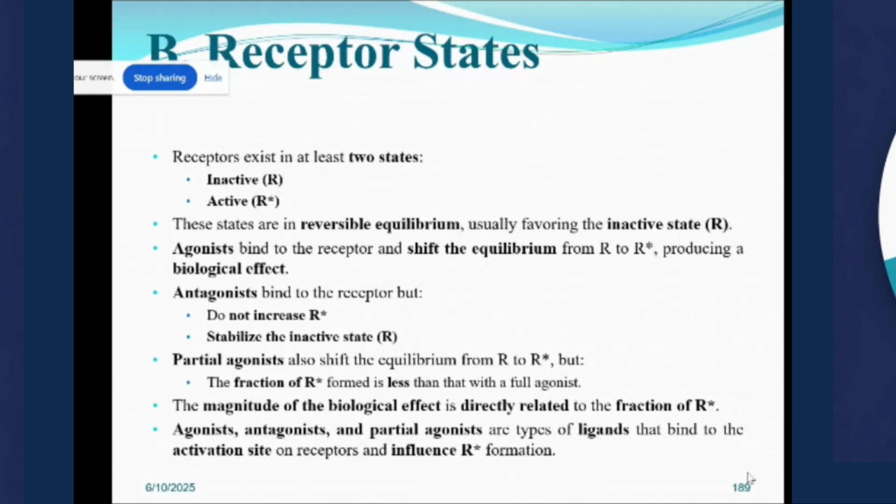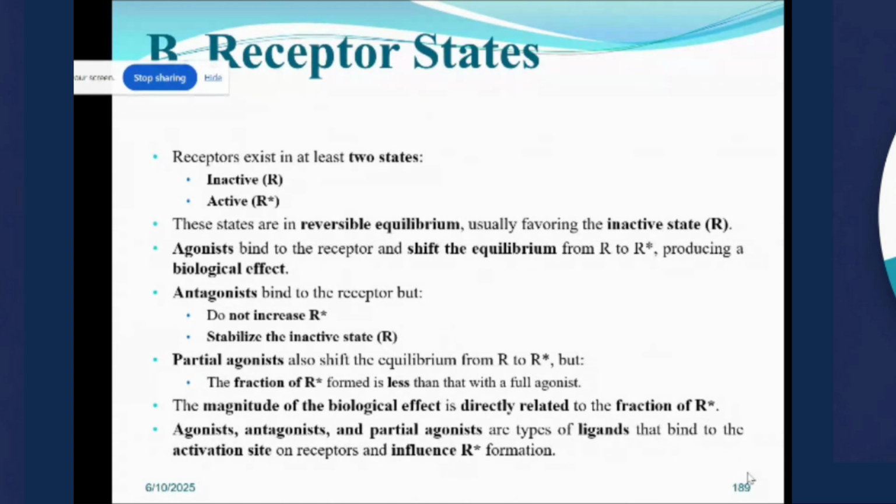Receptors exist in two forms, active and inactive ones, and they are in reversible equilibrium in such a way that receptors can shift from active to inactive or inactive to active. What is the purpose of agonists? Agonists tend to shift the equilibrium towards active. So they activate the receptors so that the natural effects are mimicked through the effect of the drug.